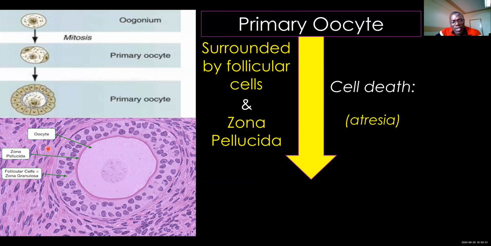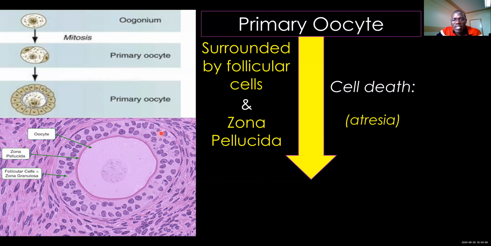I've told you that this happens maybe in the middle of the pregnancy. Towards birth, even more follicles will die. These cells die, and so the follicles degenerate. We reached a maximum of 7 million.